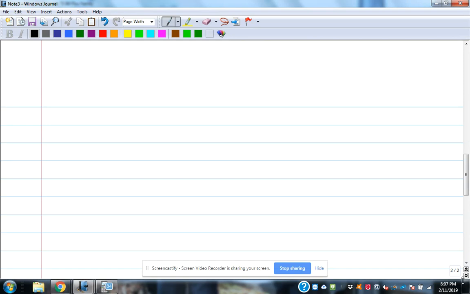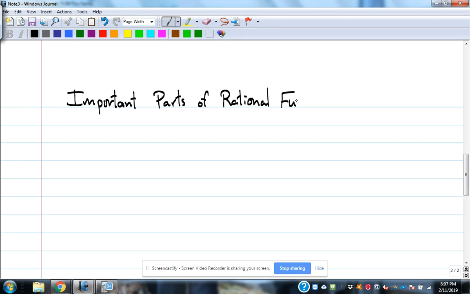Ordered pairs are part of it too; they're what makes the whole graph up. But we're going to talk about all of these different parts of rational functions. Okay.